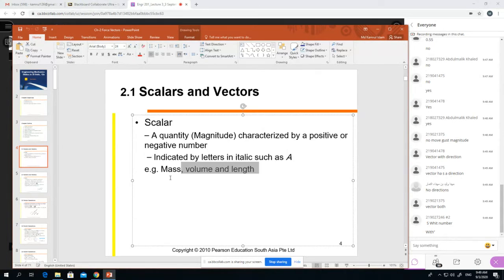For example, the mass of a body is a scalar number. A scalar has no direction, right? Length is a kind of scalar.